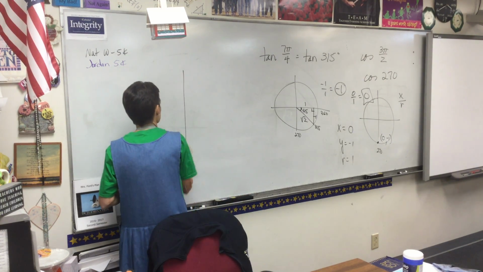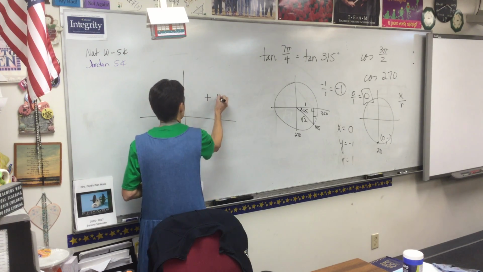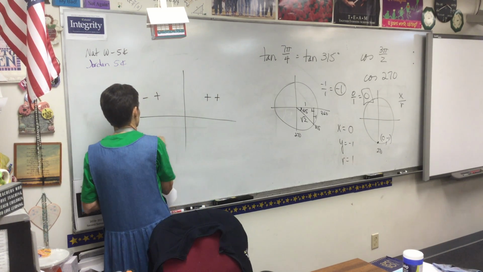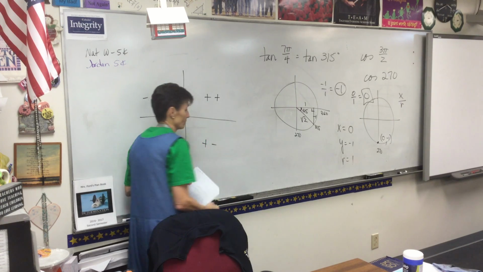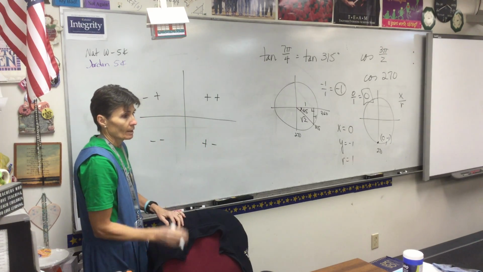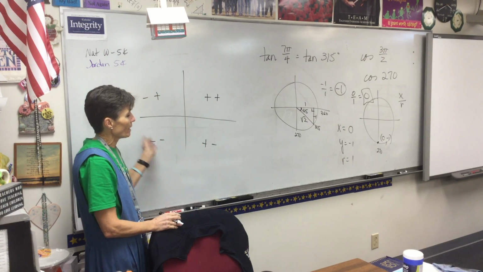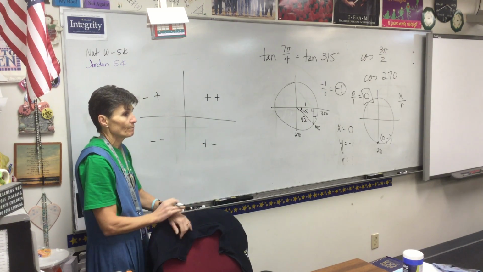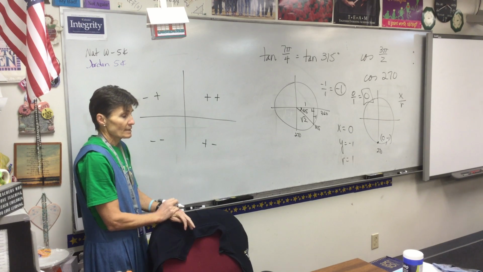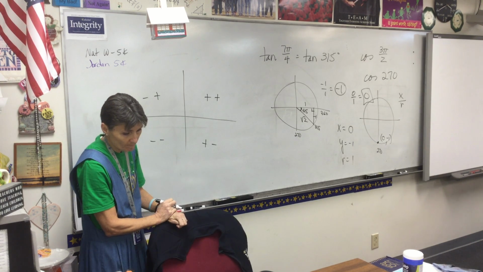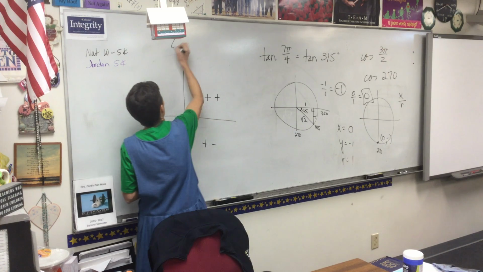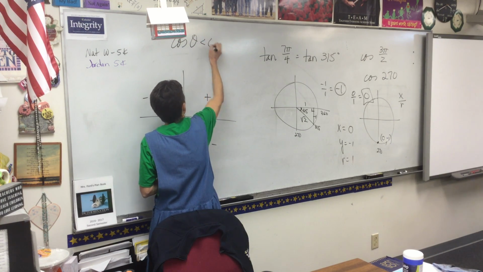All right, let's put our thinking caps on. I know that these are the signs of X and Y in the different quadrants, right? That's going to help me, because in this problem, I need cosine to be negative.